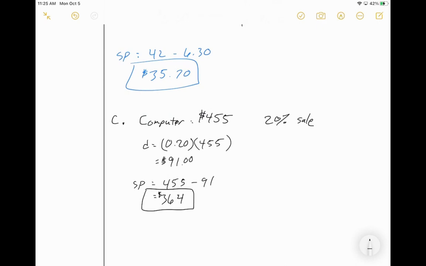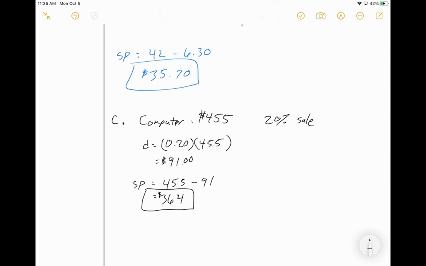What's cool about discount is, again, the prices should be lower, so it's good, right? So instead of something that was $455, now it is $364. So good thing you waited till Black Friday and you got your sale, and that's how it works, right?